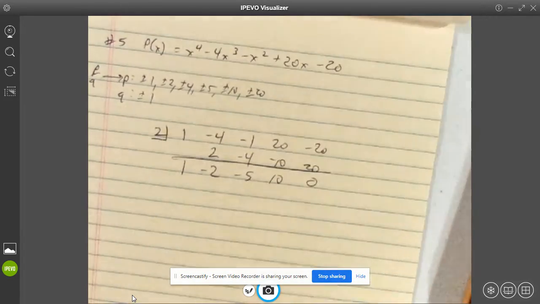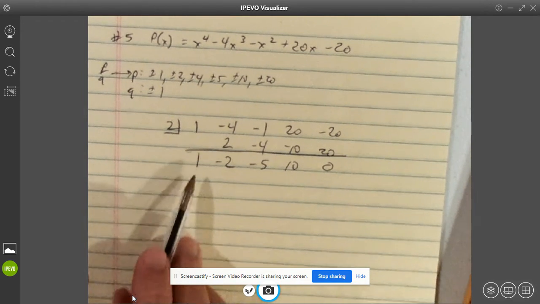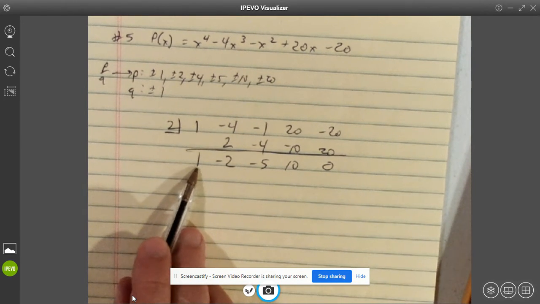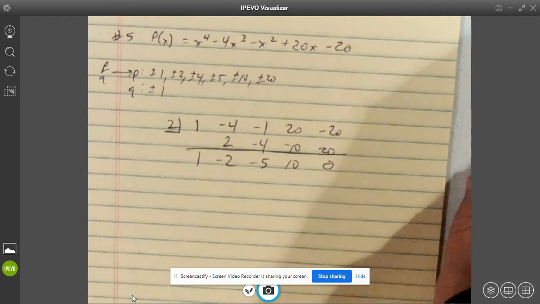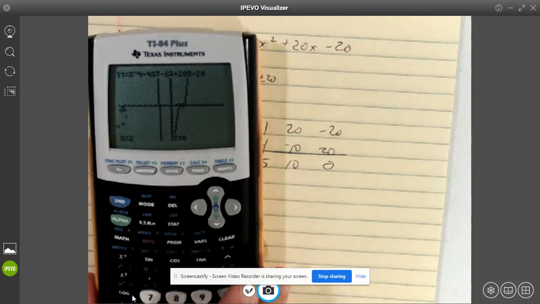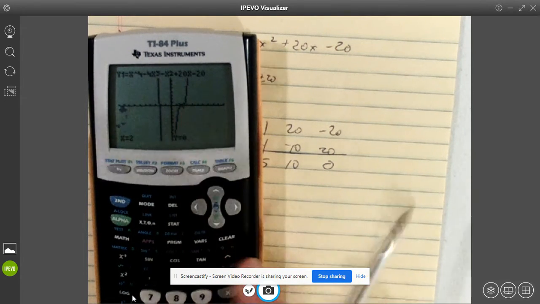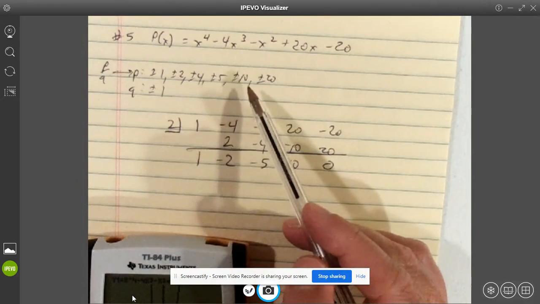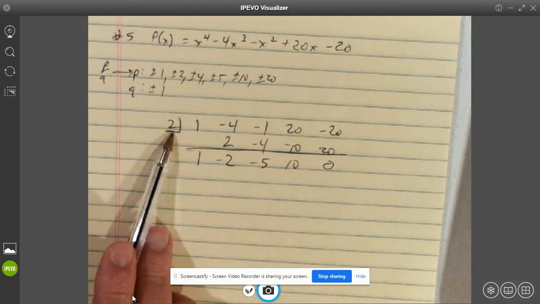So I do get a 0 there, which is a good thing. But now here's the problem. That only gets it down to a cubic, and we're not real good at solving cubics. We don't have anything to solve a cubic. And as I look at this, I don't see any other potential zeros here that are in my list. Well, let's check. Remember, we talked about the possibility that this is a double root.